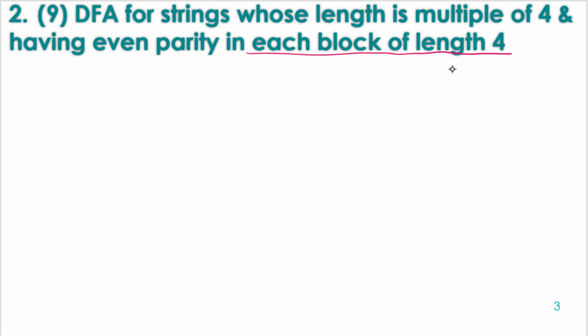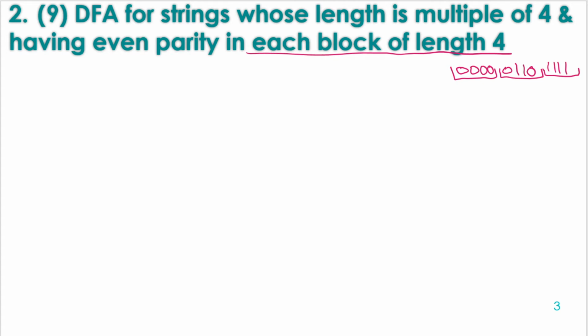So for every 4 symbols received, we need even parity, and by even we mean zero ones is also even parity, and for the next block we can have an even number of ones such as 2, which is also even parity, or all ones, which is also even parity.